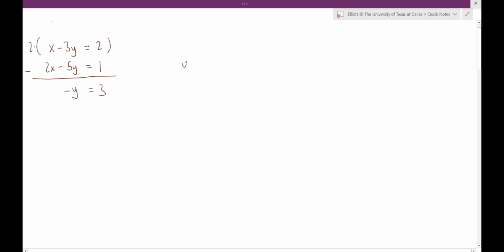From there, you can solve for y, and you would find that y is negative 3. And then to get x, we could look at the first equation again. We can substitute our answer for y into that first equation. And then from there, you are able to solve for x.